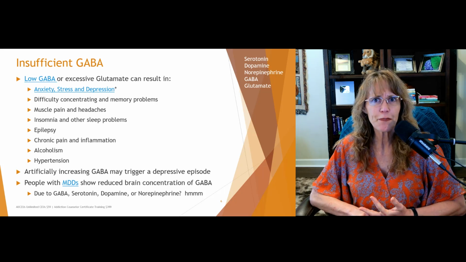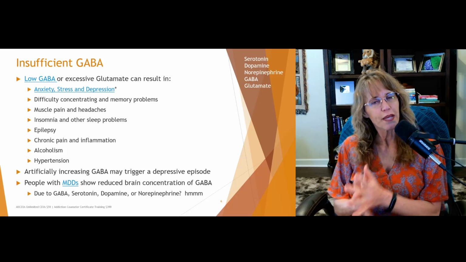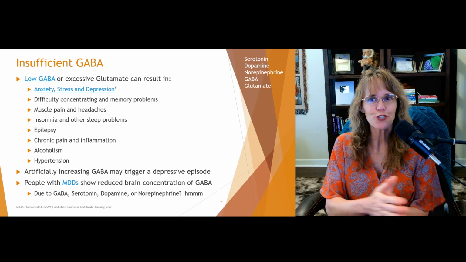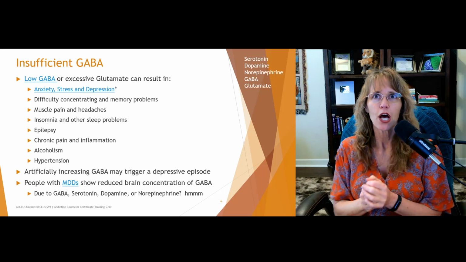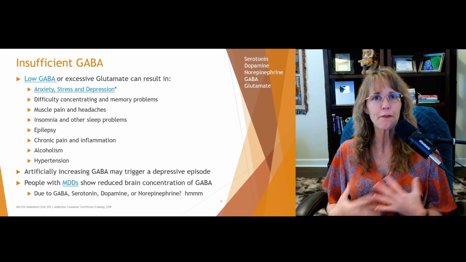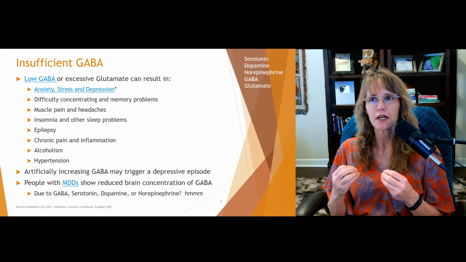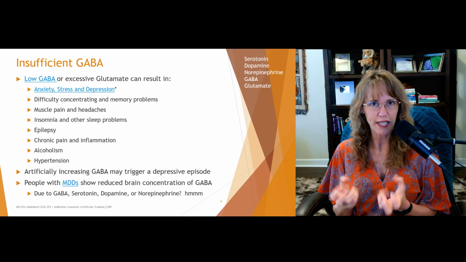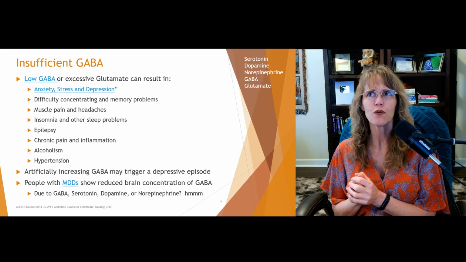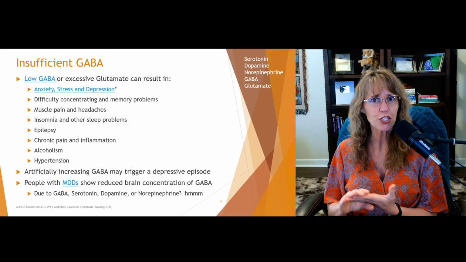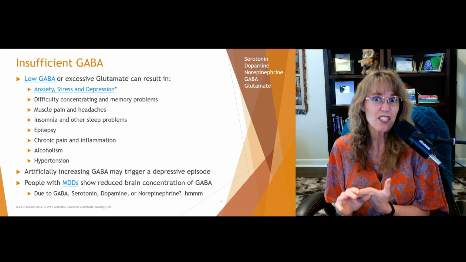Chronic pain and inflammation. When you become glucocorticoid resistant, when you're stressed out for too long, when that glutamate level stays high for too long, you start developing systemic inflammation. Glutamate is excitatory. If you want to think of it this way, it's a hot chemical. And when the neurons are exposed to too much glutamate for too long, it kills them.